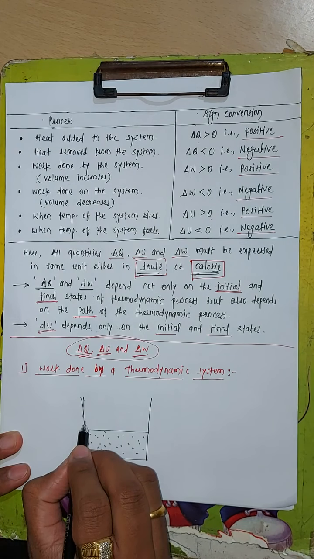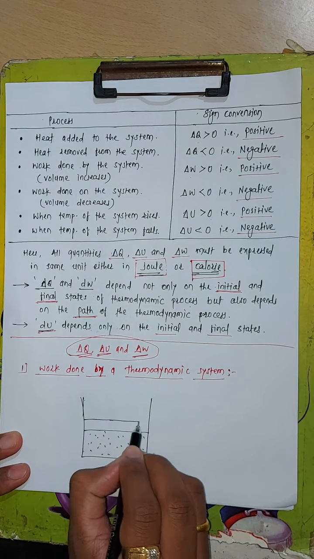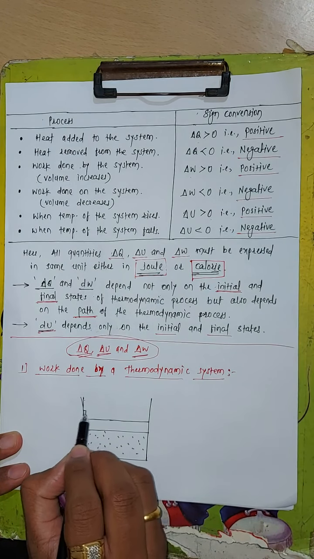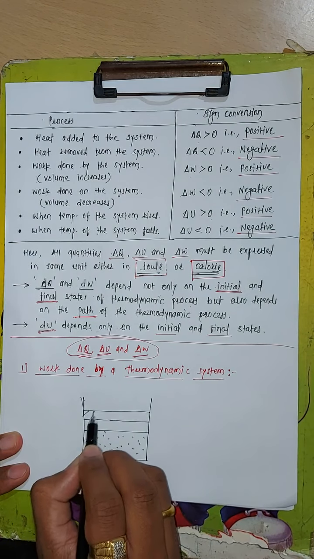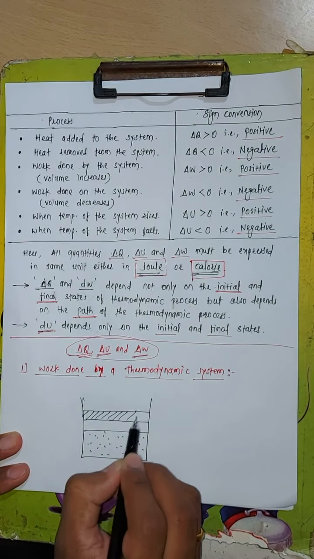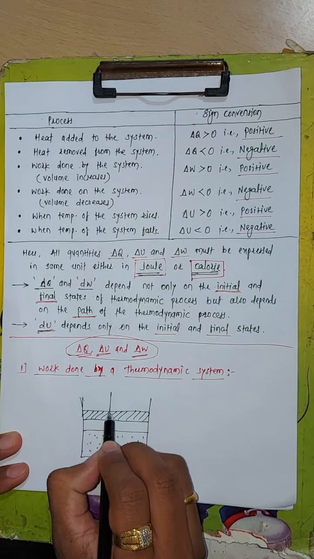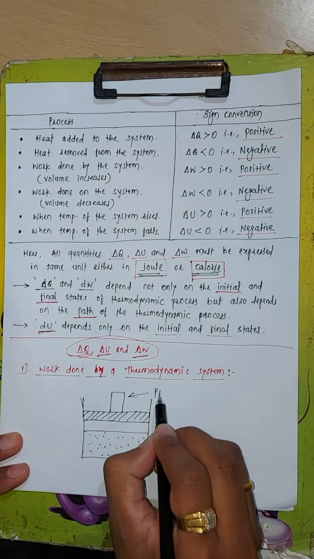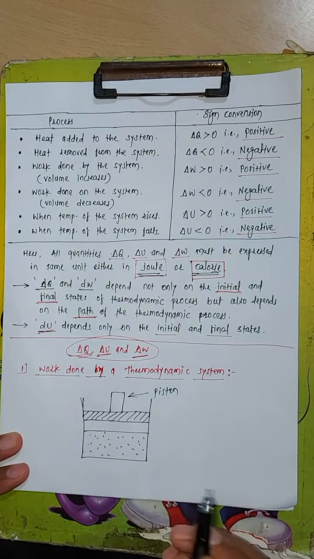Suppose we'll say that the piston is there, we'll consider this a particular cylinder and a piston is there. So this is called as a piston. Piston म्हणूयात.